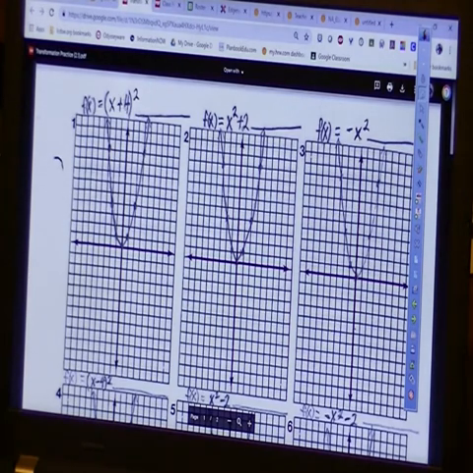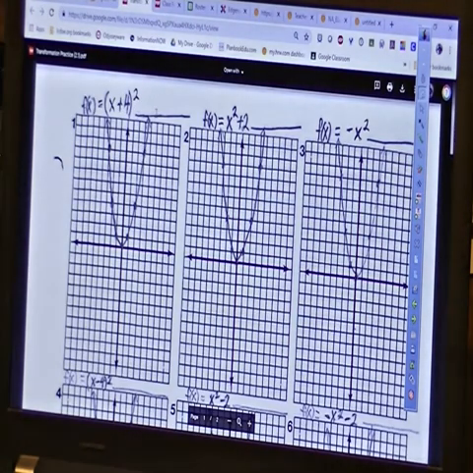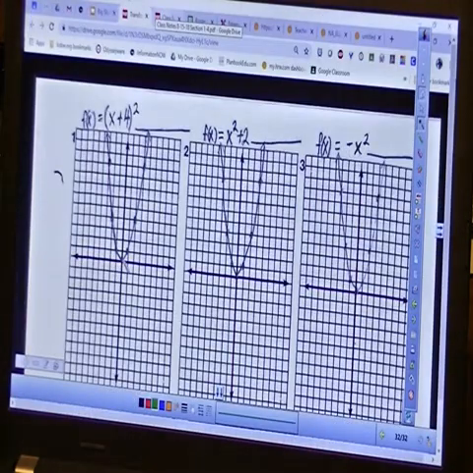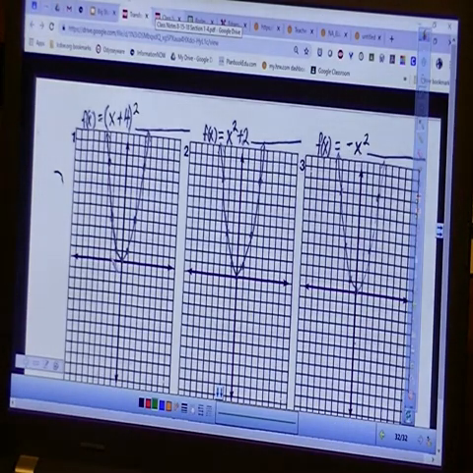So this x plus 4 means what? Left 4. Left 4. Okay. And so everything here is going to be shifted left 4 units. Okay. So 1, 2, 3, 4. Let's go red. Right there.